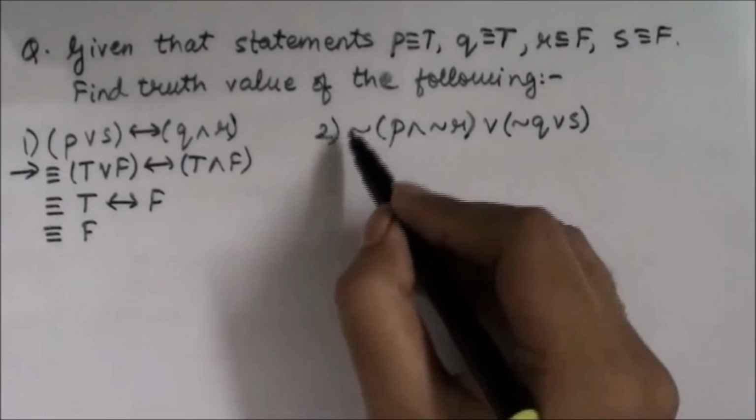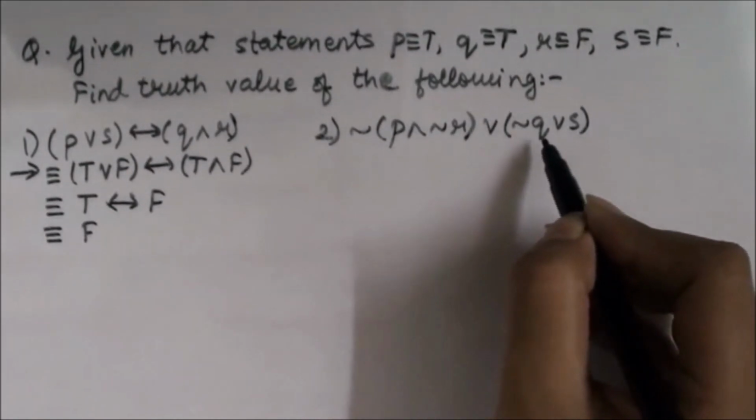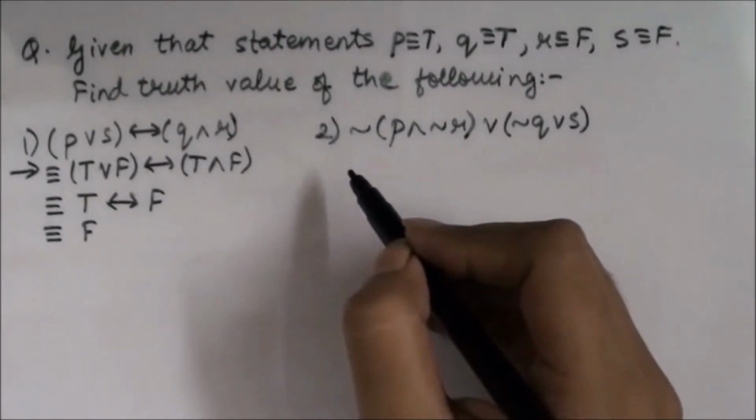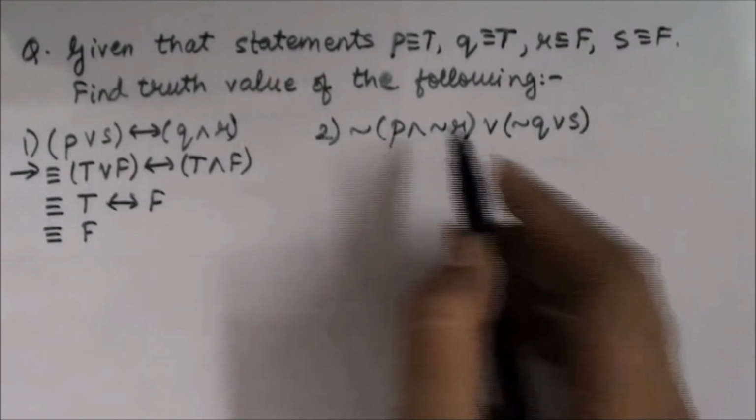Next question is negation of P and negation R or negation Q or S. Here also we are going to put the truth values of the statements in their respective positions.